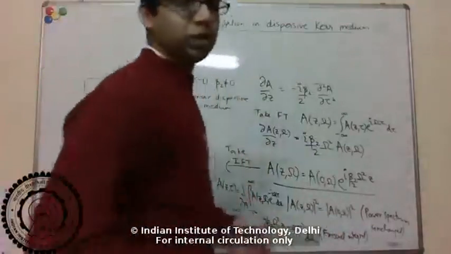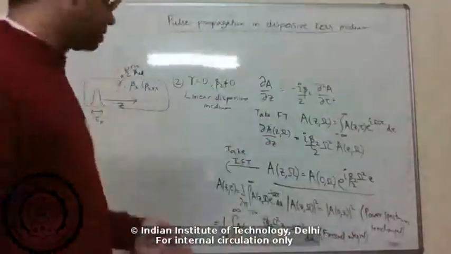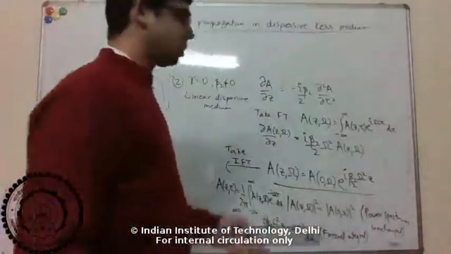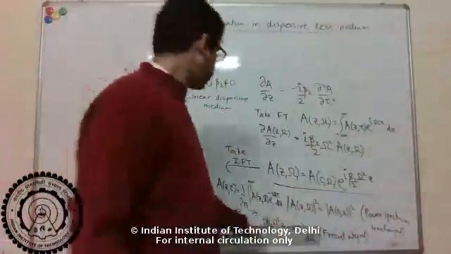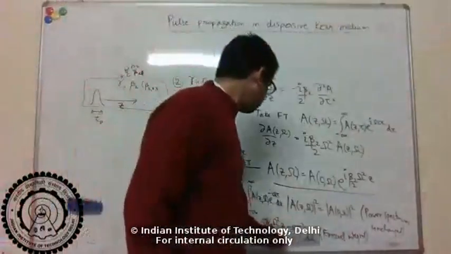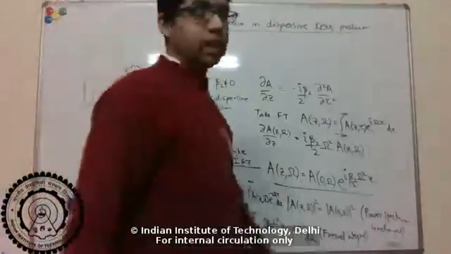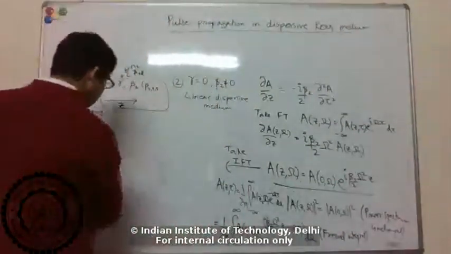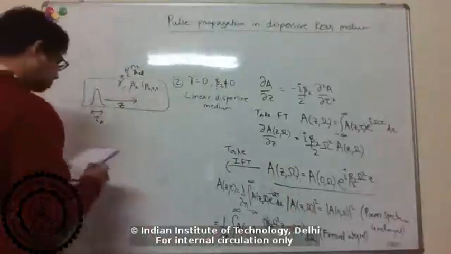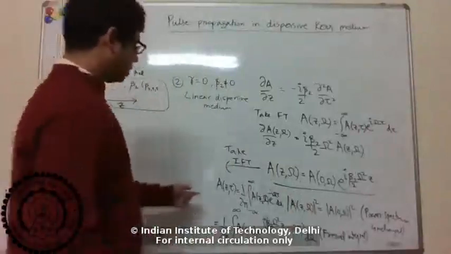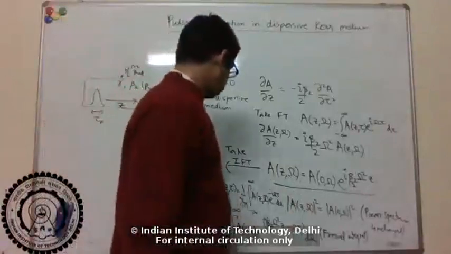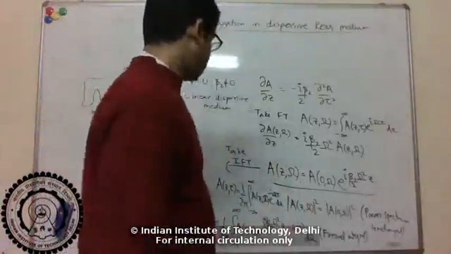For example, if you consider a beam which is diffracting in space, if you want to see how the diffraction pattern looks, then basically the same integral shows up there. That's why it's called the Fresnel integral. Okay, so basically solve this integral and that's the solution.